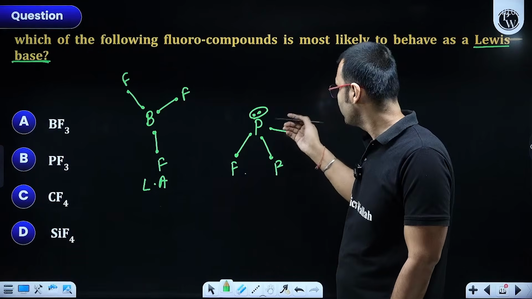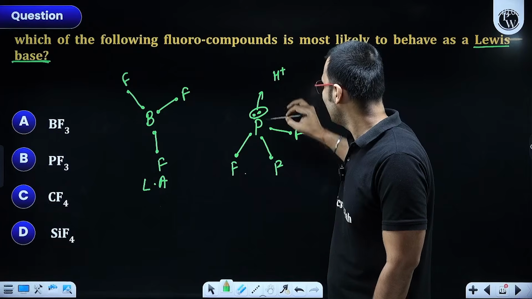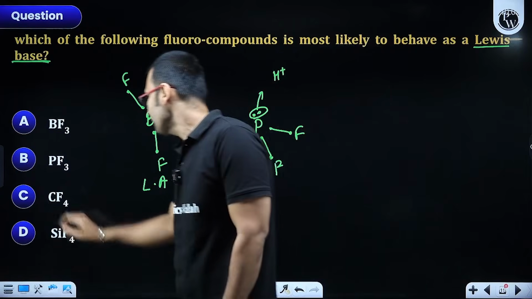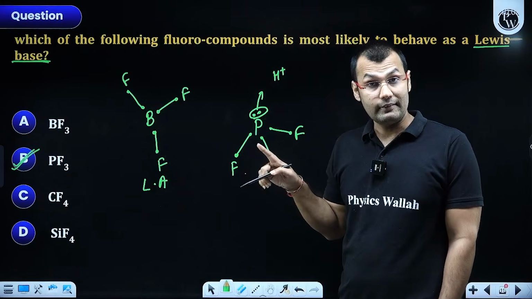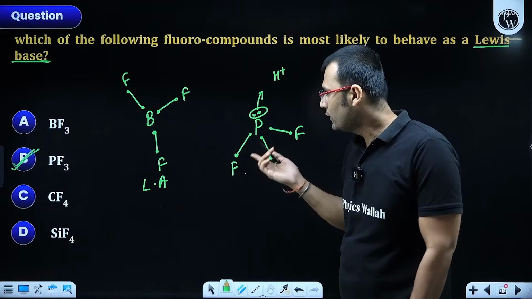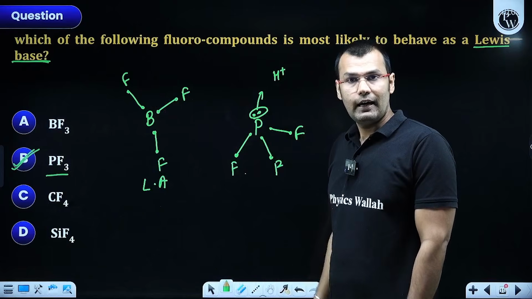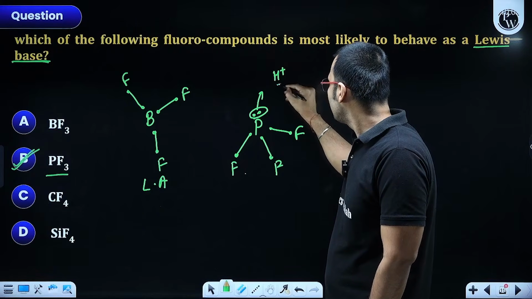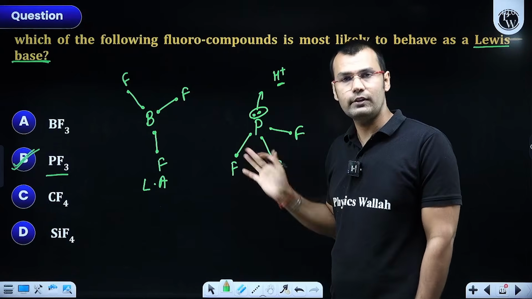So definitely phosphorus can share this lone pair with H+, so it can gain H+. So here PF3 can act as Lewis base as well as Bronsted base, right? Lewis base because PF3 has a lone pair which can be donated, and of course it can be donated to H+, means it can accept H+, so it is also like a Bronsted base.